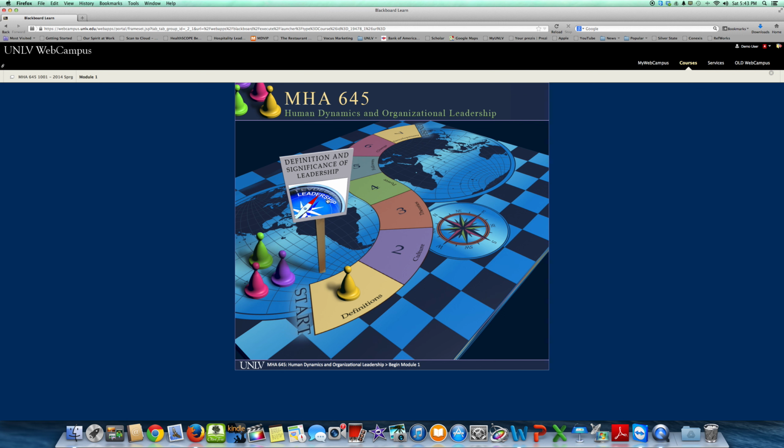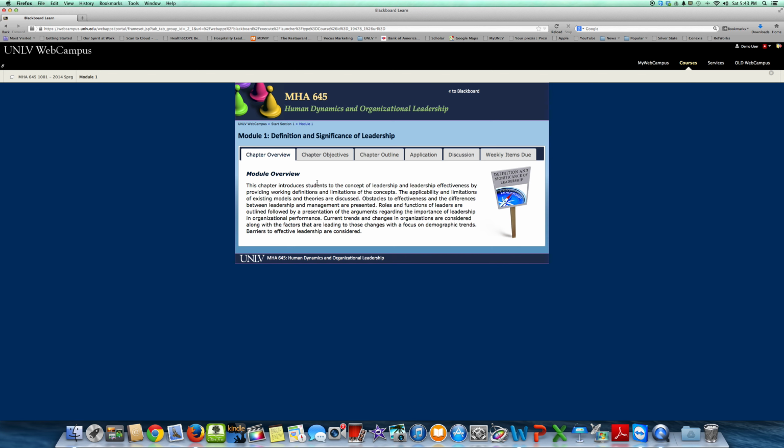If you click on the sign right here, it will take you to the tabs that have the course content. Like I said before, the idea here is that you'll be able to access everything that you need in terms of course content very easily and relatively smoothly on your mobile devices.